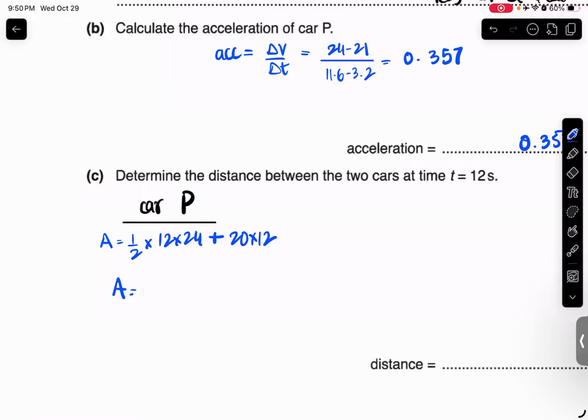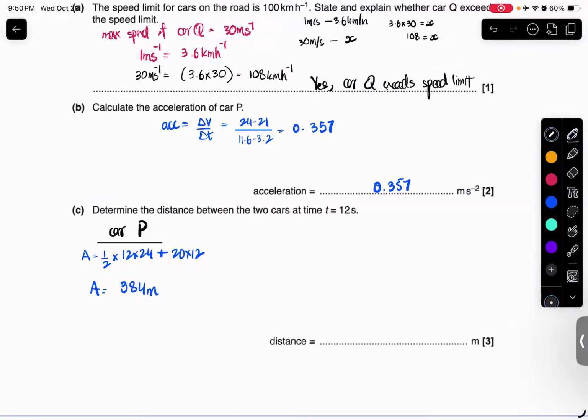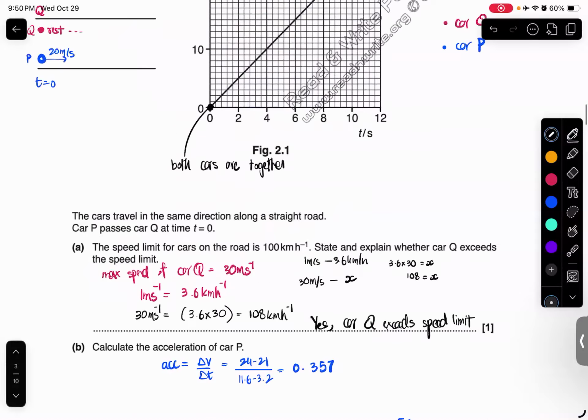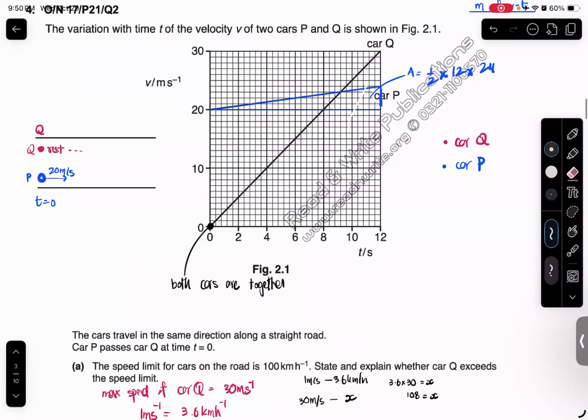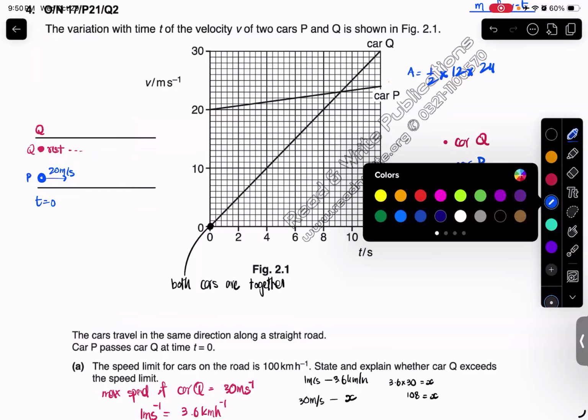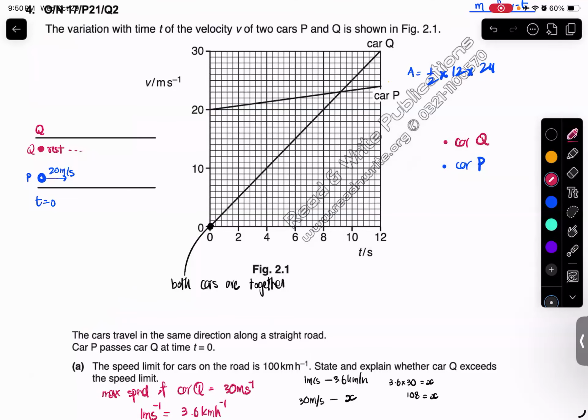Yes, Aris, what about you? 384 meters. Yes, Aris. I'm able to somewhat understand you. I'm still trying it as well. You're doing it as well? Yeah, I'm doing it simultaneously. Perfect.